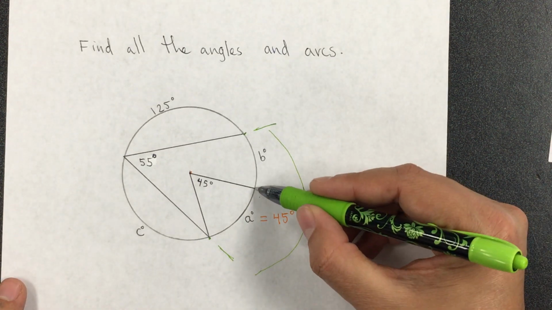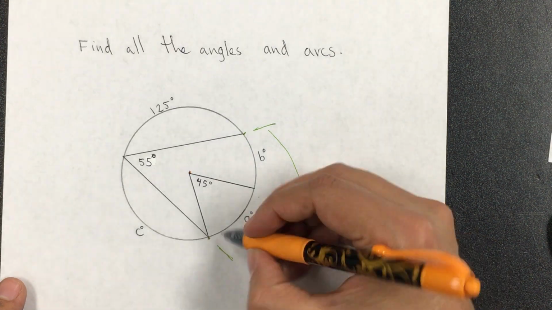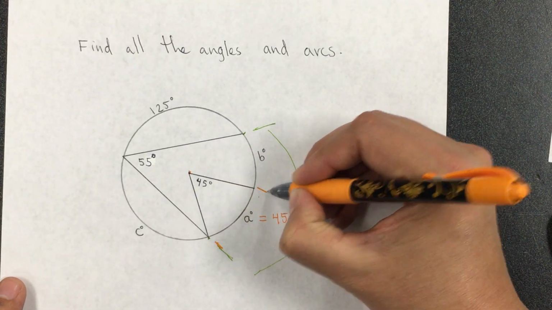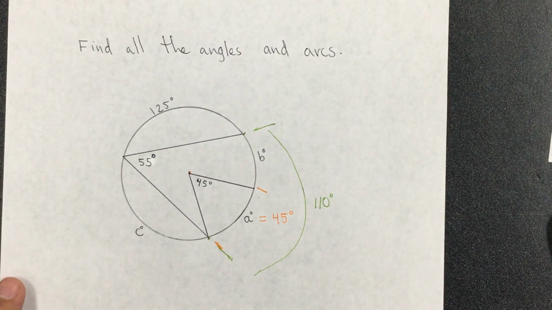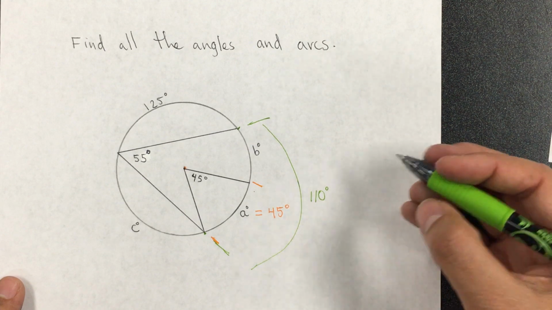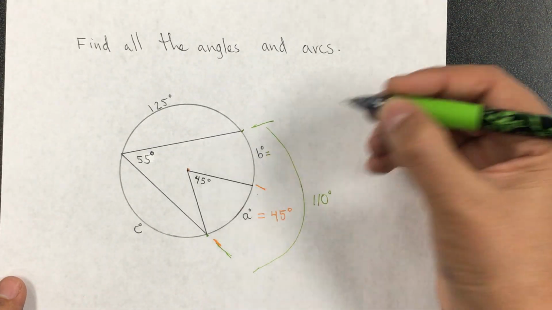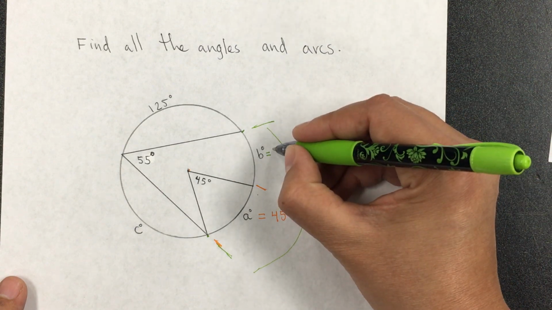However, we already know that from here to here is 45. So that means that all you have to do is subtract 110 minus 45, which gives me 65.